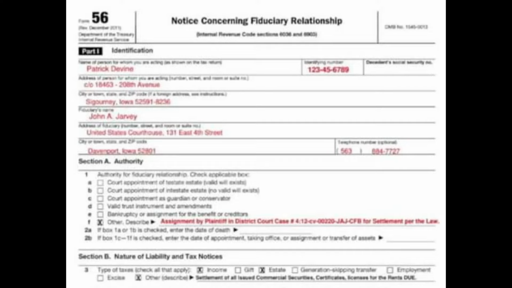You're going to put the fiduciary's name, which is going to be the judge, the address of the courthouse, the phone number, and then down in the bottom you're going to see other. When it says section A, authority, down in line F, you're going to see other: describe assignment by plaintiff in district court case number XYZ for settlement per the law.